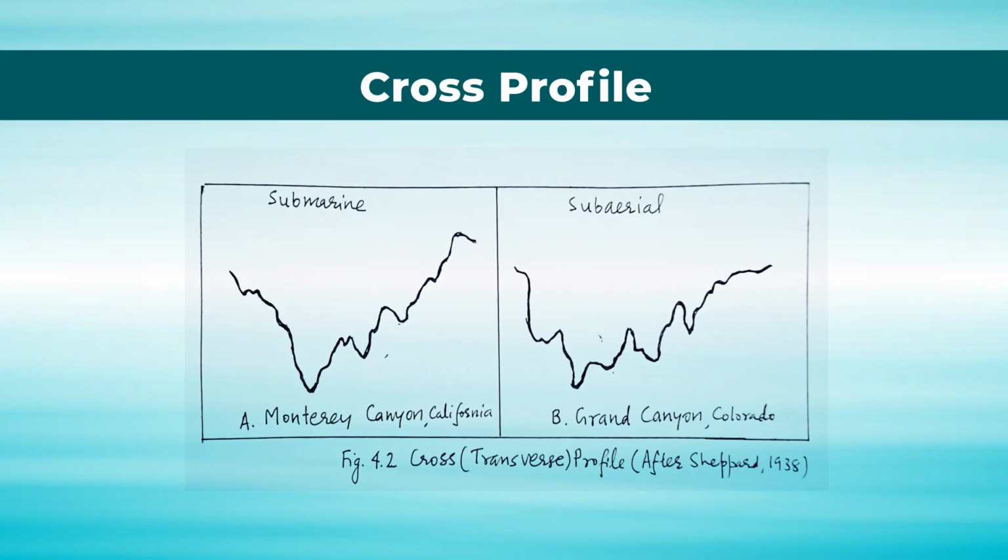In this diagram you can see the similarity of canyon beneath water and canyon on the continental parts. On the right hand side, the B part of the diagram represents Grand Canyon formed by Colorado River in USA, and it is a subaerial landform.